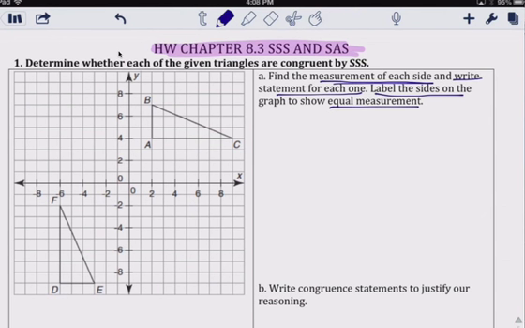So the measurement of each side. So let's say the measurement of line segment AB is equal to the line segment, these two are equal right here. And because I went from A to B, I need to do from D to E, okay?